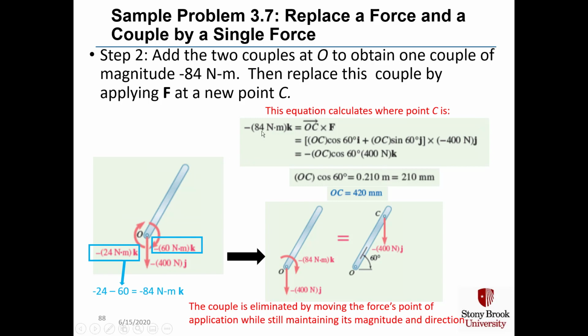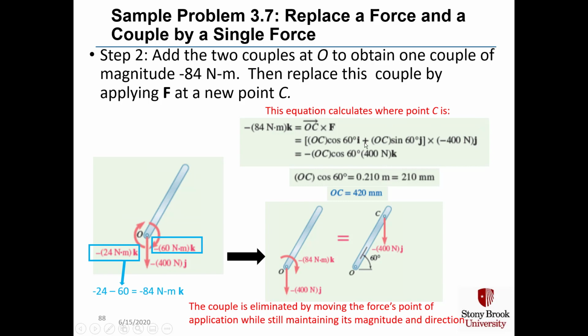So we show the equation minus 84 Newton meters in K is equal to vector OC crossed with F. And we don't quite know the magnitude of vector OC, but we do know that it's angled 60 degrees relative to the horizontal. So we show OC as a variable times cosine 60 degrees in I plus OC times sine 60 degrees in J, and we take the cross product of that with minus 400 newtons in J. Has to equal minus 84 Newton meters in K.